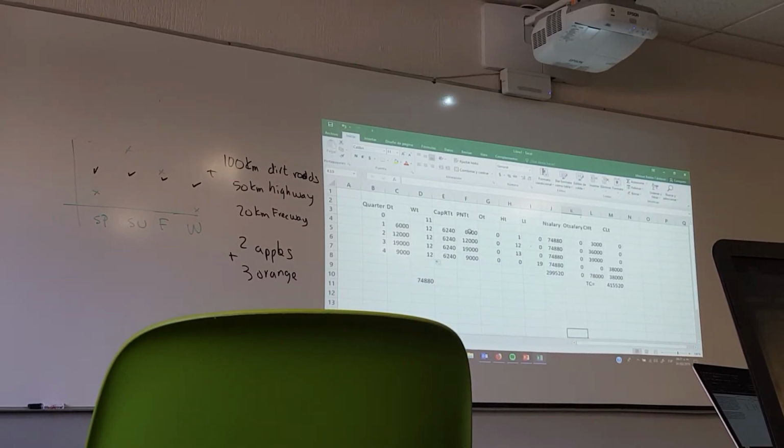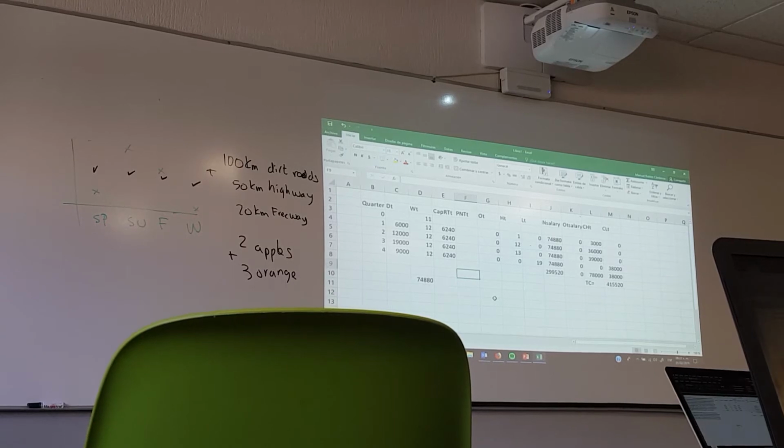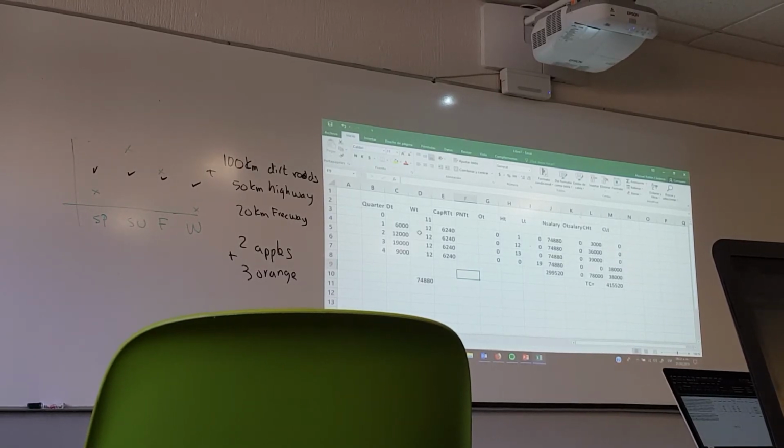I'm going to erase this because it is no longer true. Is this 12 workers a feasible plan? No. Why not? Because it doesn't cover the demand. In period number 1 we are fine, but in period number 2 we are not fine. So we need to increase the number of workers.